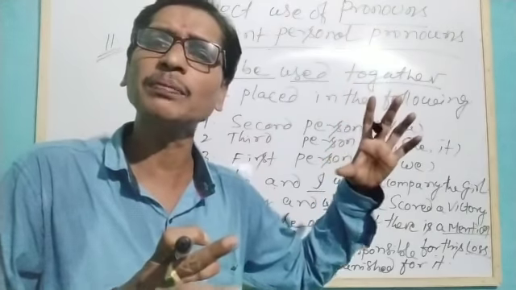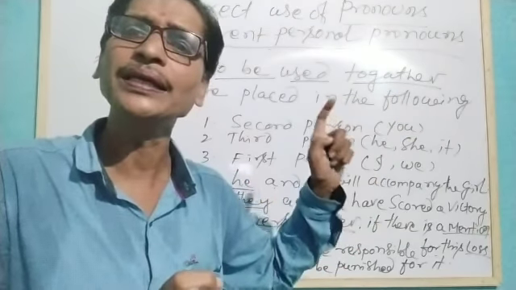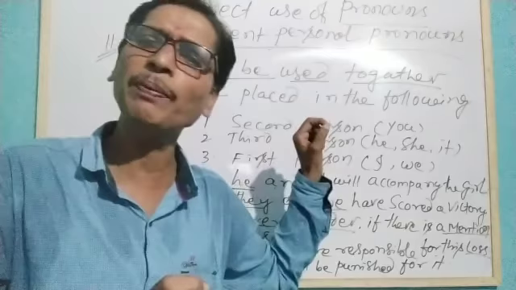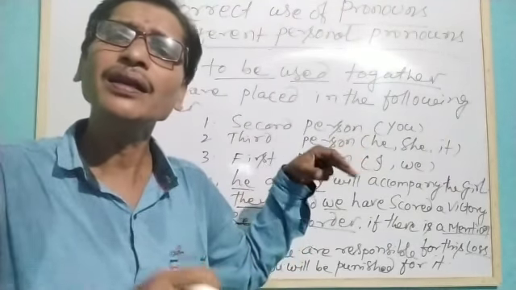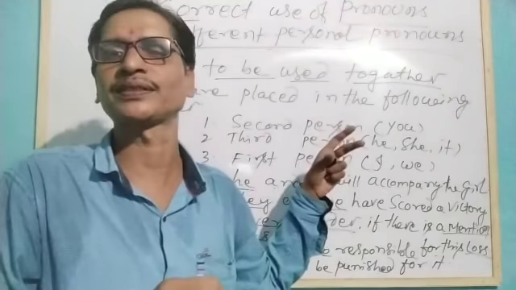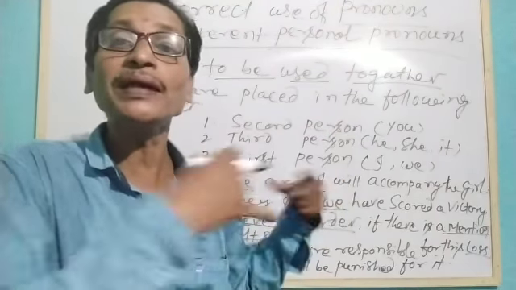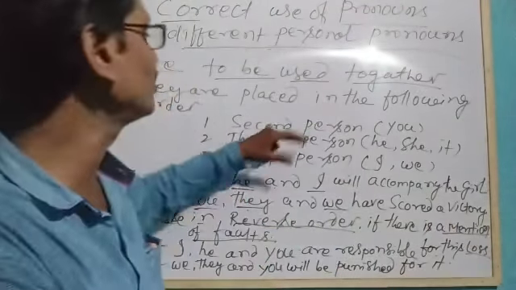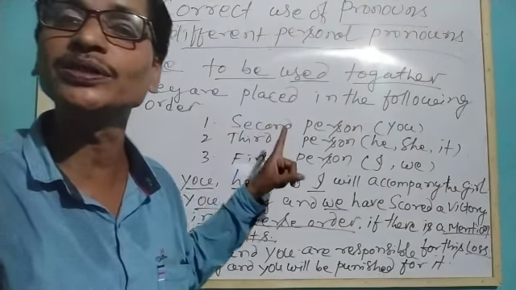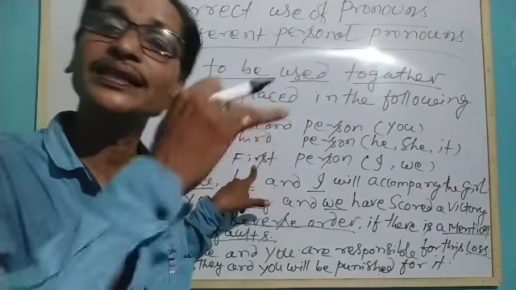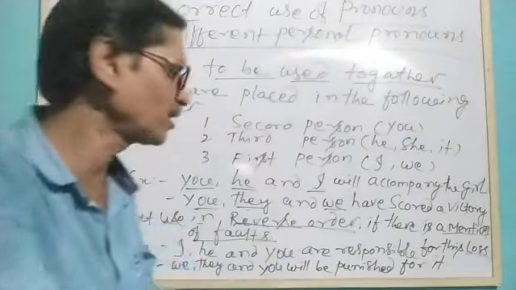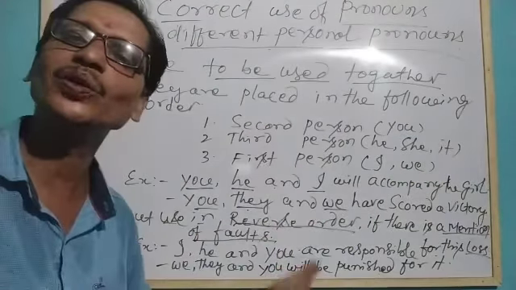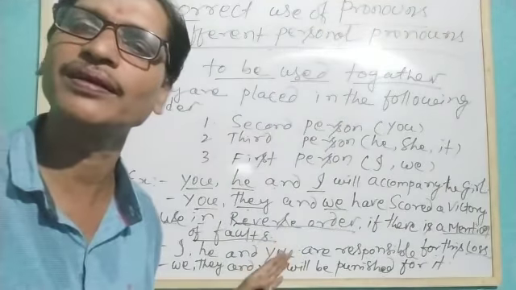Normally, first we use the second person, second we use third person and last we use the first person. But if there is the mention of fault, we use the reverse. That means we use first the first person, then third person, then second person, as mentioned in those examples given over here.